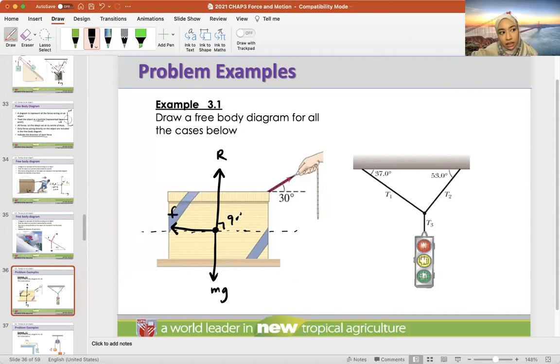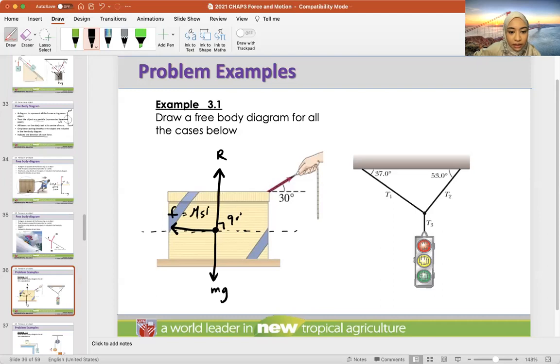If it has the tendency to move, but it's not moving yet, what is my equation for friction? Static or kinetic? Mu static R. Okay.